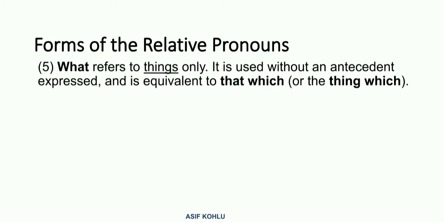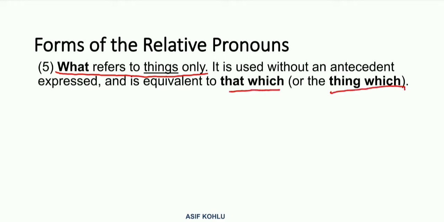After the relative pronoun that, here comes the relative pronoun what. Now there comes the first use of what. What refers to things only. Must remember that what refers to things only. It is used without an antecedent expressed and is equivalent to that which or the thing which.